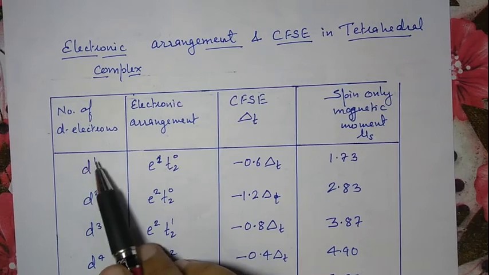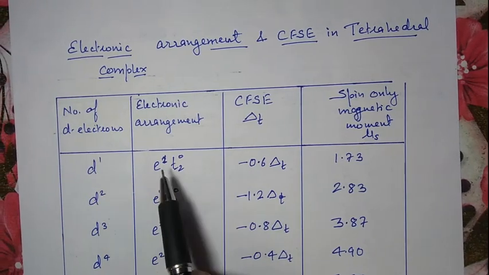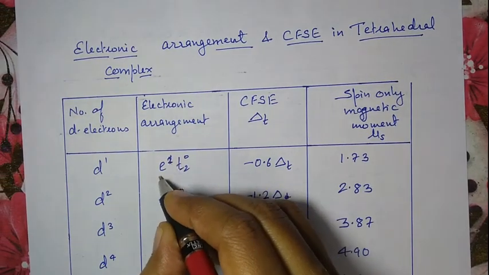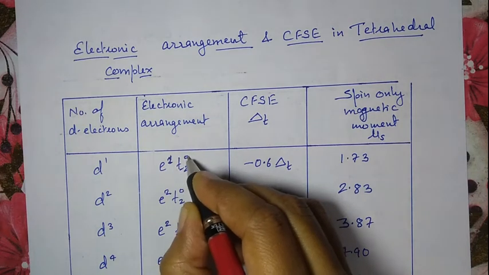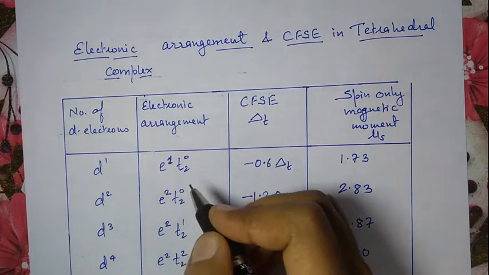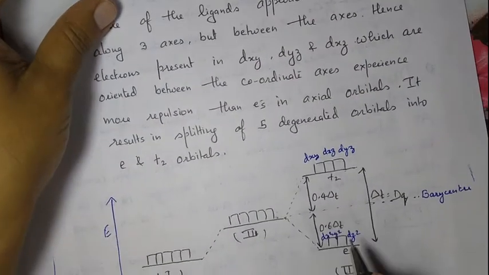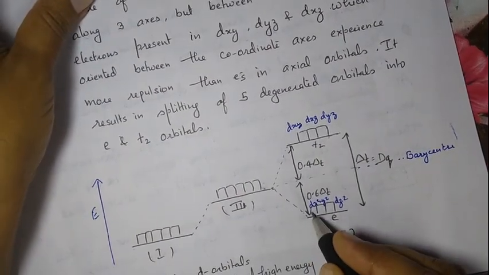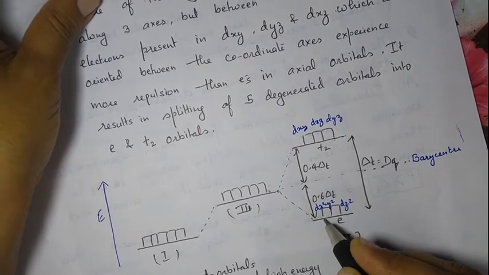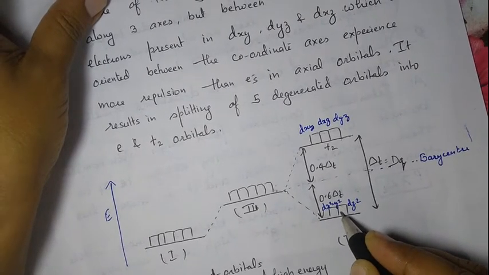Okay, this first d1 configuration will show this type of arrangement, that is e1 t2 0. One electron goes into e. If only one electron is present, it will be here. If another electron is present for d2, it will be here.